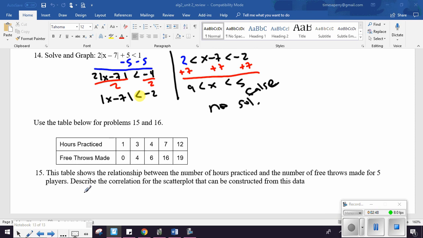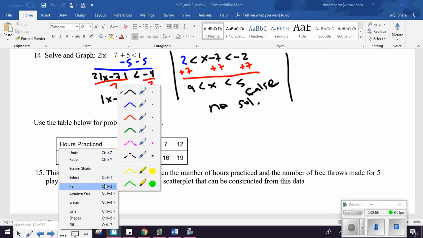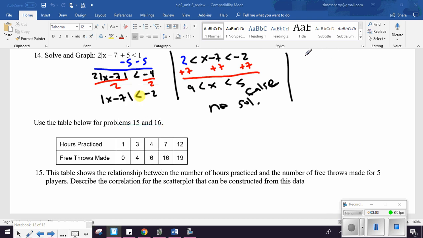Let's see what would happen if we were to plug back in to our original inequality. Any number between 5 and 9. Let's see what would happen. 2 absolute value. Let's go with 6 minus 7 plus 5 less than 1.